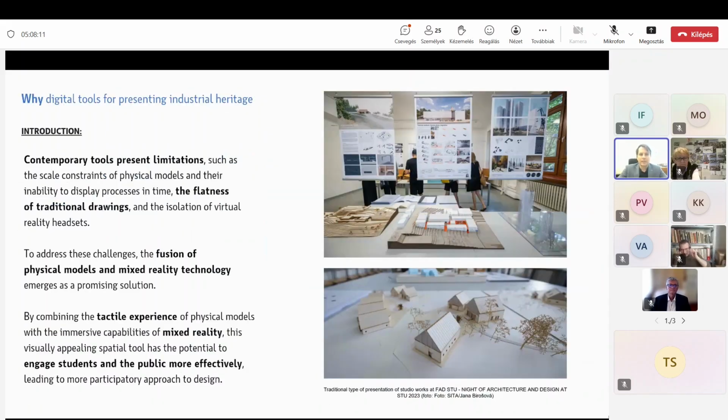Digital technologies in presenting industrial heritage are very close to presenting architecture, but as we heard in presentations before, industrial heritage is a very complex topic, and it's sometimes not easy to present it just in 2D versions of posters, pictures, or even 3D models, because they have many layers.